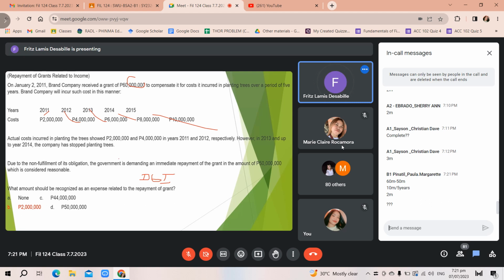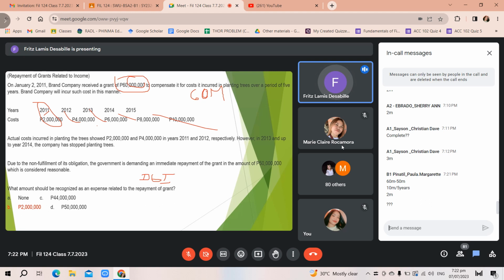Sige ha? On year 1, in 2011, di ba ang balance sa atong deferred grant income kay 60 million pa? Nagsugod ta og 60 million. Entry na ni: debit cash, credit deferred grant income amounting to 60 million. Now in 2011, nag-incur ta og 2 million. So pila ang i-income sa 2011, guys?